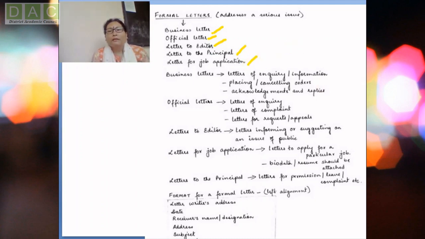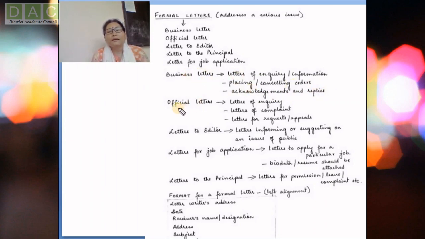Now, for what purpose is a business letter written? Letters of inquiry, when we want to inquire about something or get some information, or placing orders or cancelling orders, or acknowledgement and replying to letters. So that encircles the business letters.